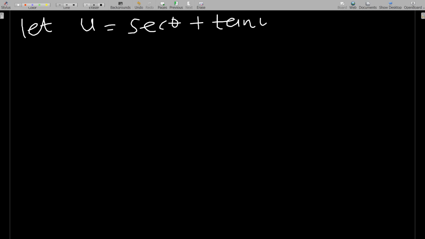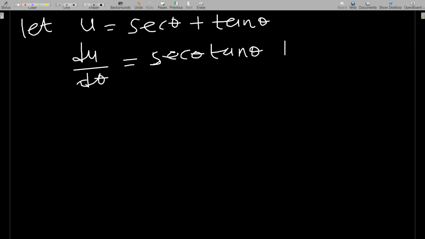With this, I just wanted to go through the integration with you. I'm not supposed to do this, but like I said, we mostly forget about certain things, so let's go through it together. You let some u be equal to sec theta plus tan theta, meaning that du d theta will be equal to, when I differentiate sec theta, I have a video on that one too, sec theta tan theta, plus when you differentiate tan theta, I have sec squared theta.